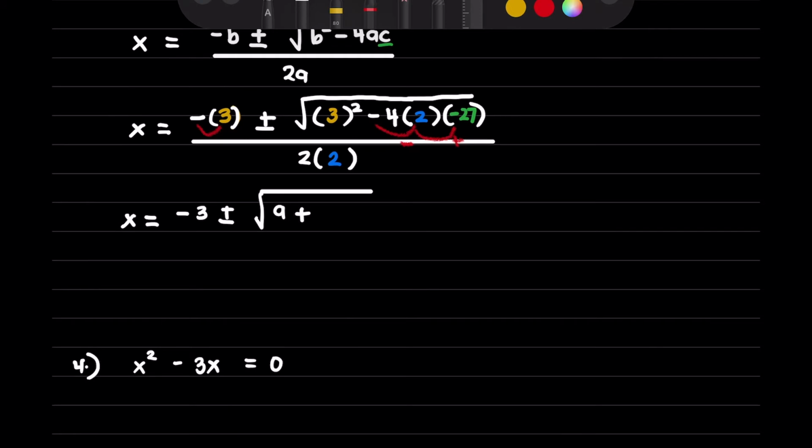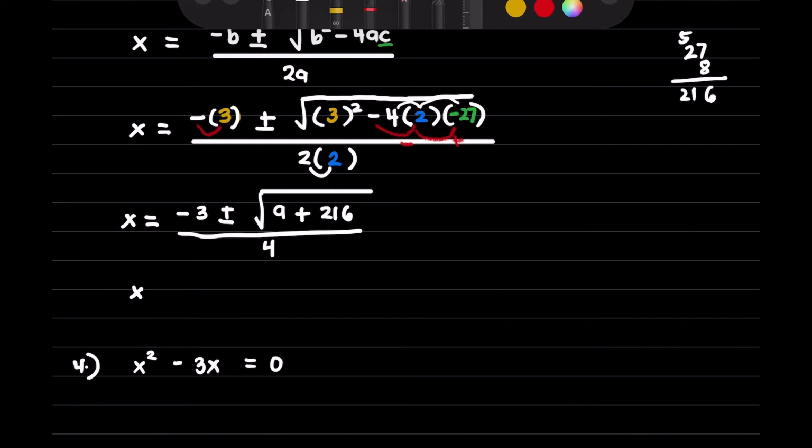Next, 4 times 2, that's 8. 8 times 27. So, 27 times 8. That is 56. 8 times 2, 16. Plus 5, that's 21. So, we have 216. All over 4. 2 times 2 is 4.